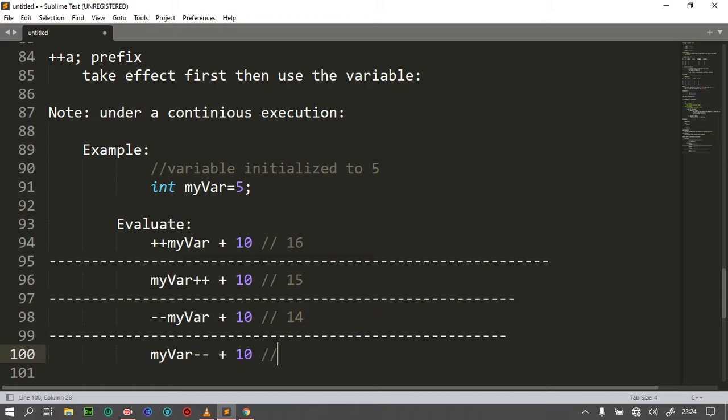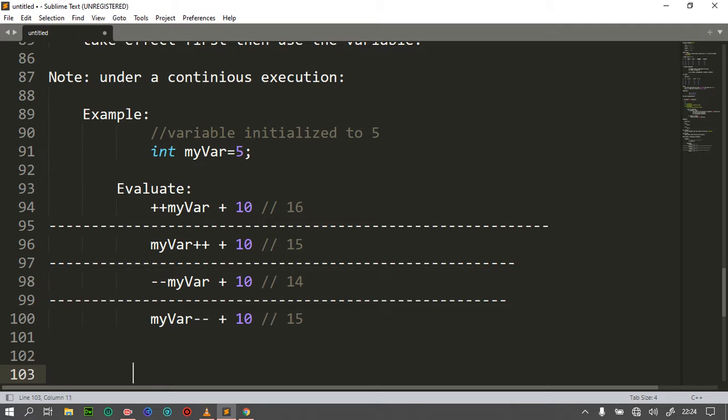Postfix, I told you, first use the variable, then take effect later if at all it's needed. Now what is going to happen here? It means that if myVar is 5, I'll leave it at 5. So plus 10, definitely it's going to give me 15. Are we moving? Are we moving?